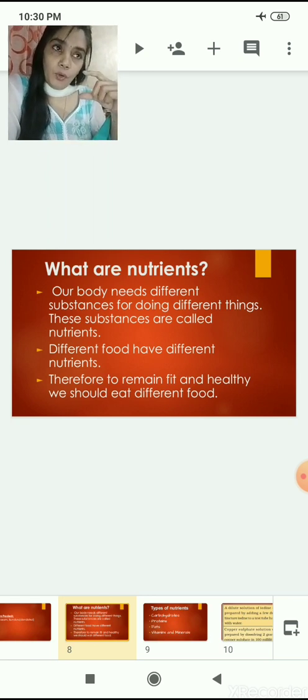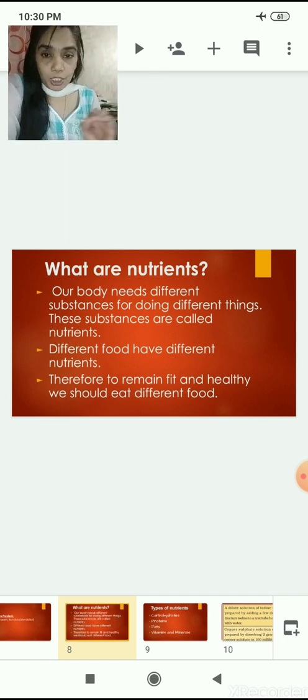Then leave 6 or 7 lines. Then write protein test. Then again leave a few lines. Then write fats test. So in the next video session, keep these things ready.